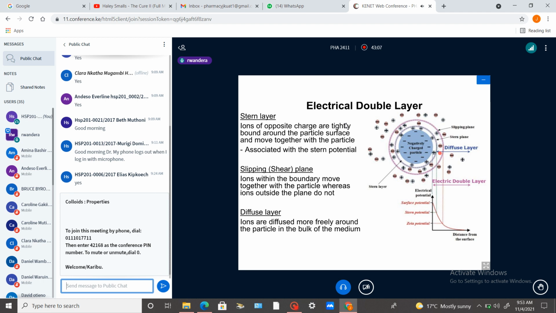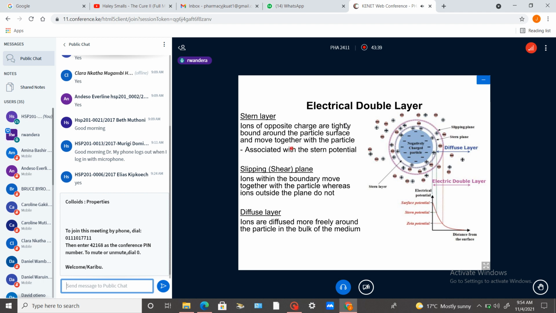So particles that are within the boundary of the slipping plane, or the shear plane, will tend to move with your colloidal particles, but particles that are outside the boundary of the slipping plane, extending into the bulk of your medium, will not move with the colloidal particles.